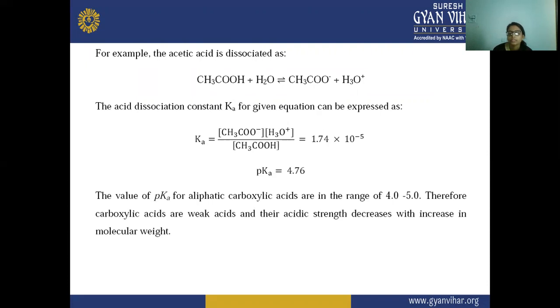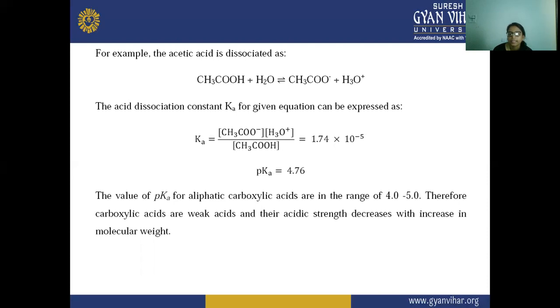Therefore, the carboxylic acids are weak acids, and their acidic strength decreases with increase in molecular weight. If the molecular weight of the carboxylic acid increases, then there is a decrease of the acidic strength, and that is why the carboxylic acids are weak acids.